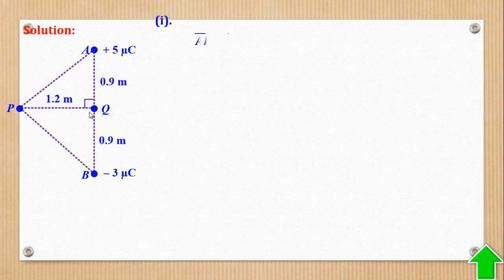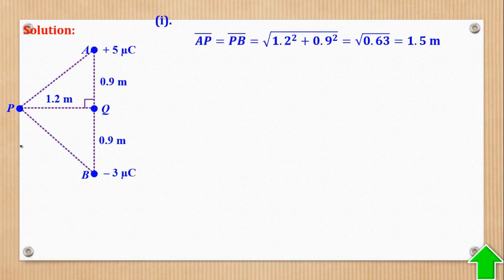So you come and say, for you to get the electric potential at P due to this charge, you need this distance PA and this distance PB. So these distances are the same. Why are they the same? It is because this is an isosceles triangle.